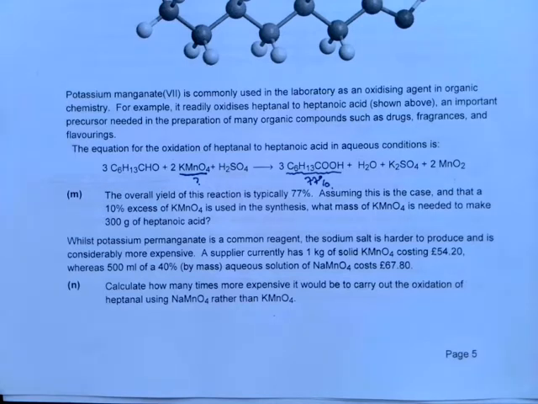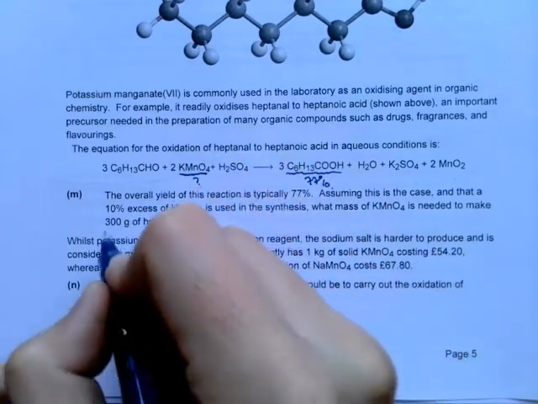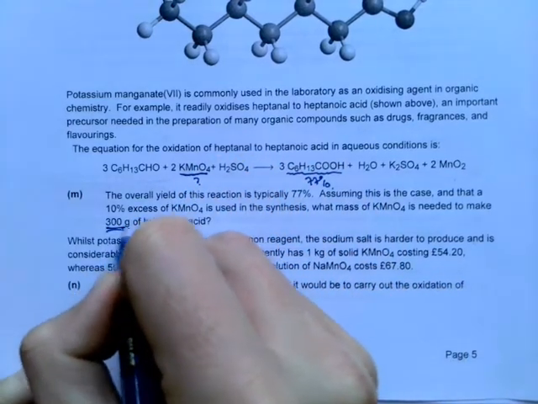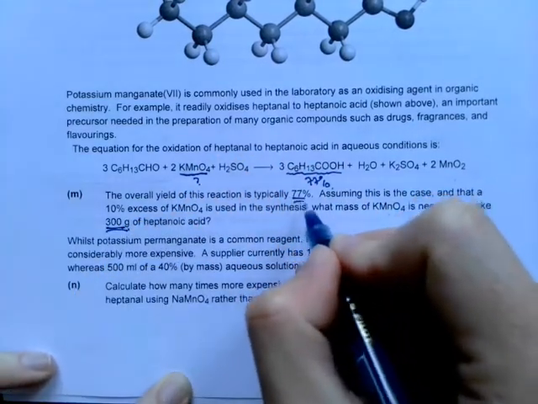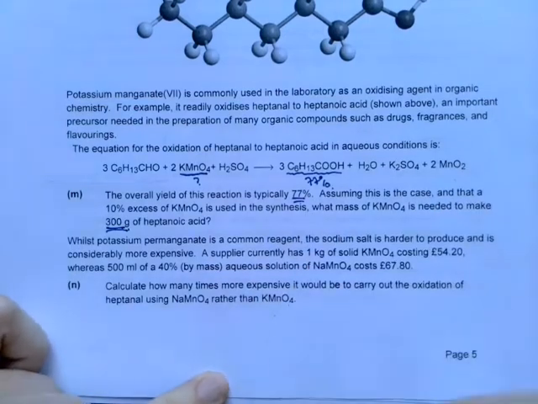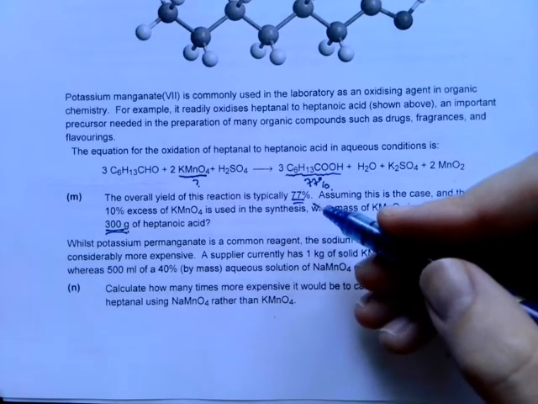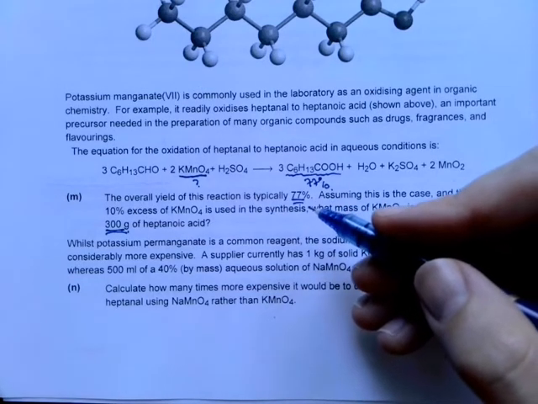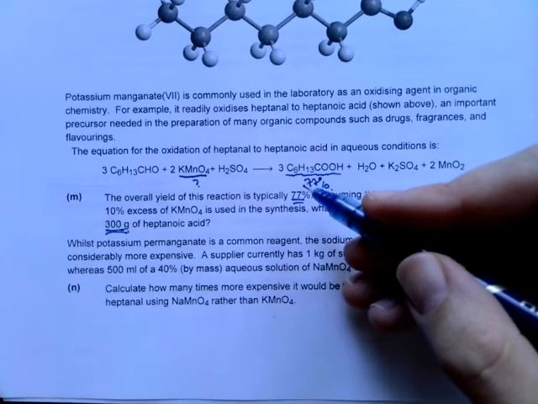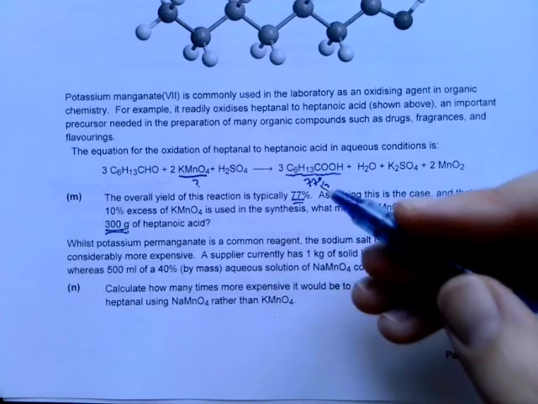So you need to think to yourself, well, if I want to get a mass of 300 grams from a 77% yield, how many moles would I need to plan to make if I'm only going to get 77% yield?